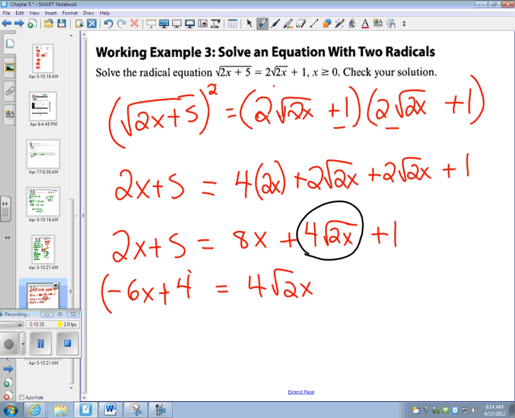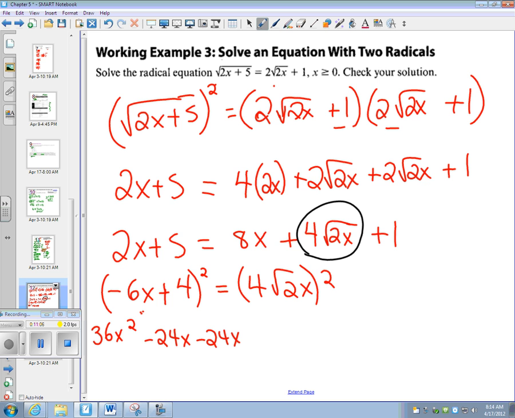So square both sides. Once again, here I have a binomial, so when I square it, I'm going to get a trinomial. So 36x squared first. Outside and inside are going to be the same. It's going to be negative 6 times 4, which is negative 24x, negative 24x.